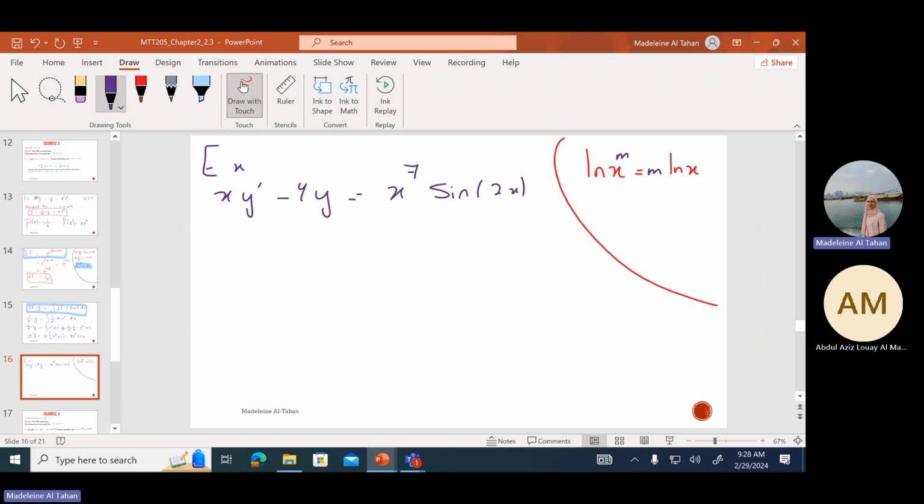So, x with the plus 1. Yes, you will divide by x. So it will be minus 4 over x. Yes, this is the p of x, minus 4 over x. What is the next step? Integrating factor, the integrating factor of the p of x.